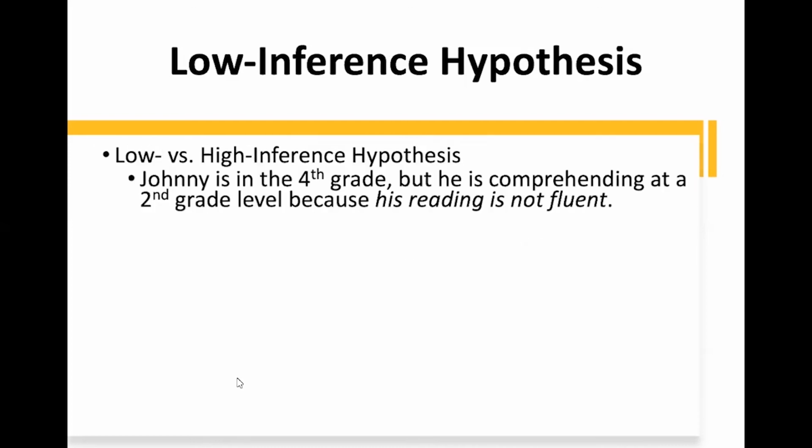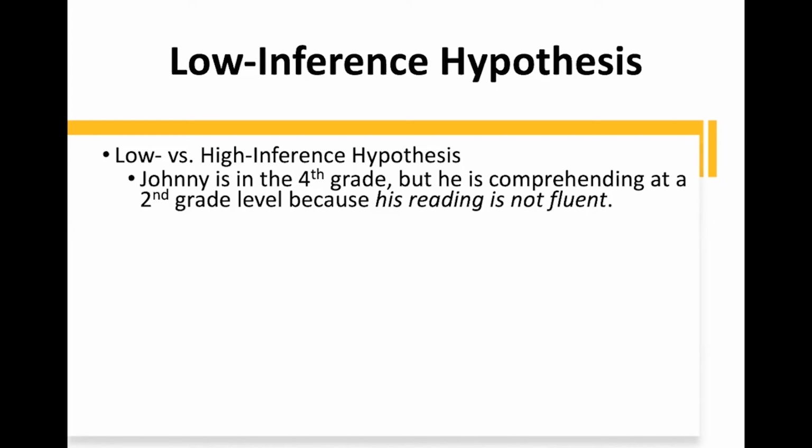So let's look at an example. Johnny is in the 4th grade, but he's comprehending at the 2nd grade level because his reading is not fluent. That "because his reading is not fluent" part is the hypothesis. That's what we're saying is the reason why Johnny is not comprehending on grade level. Now when you look at that, does that seem low inference or high inference to you?